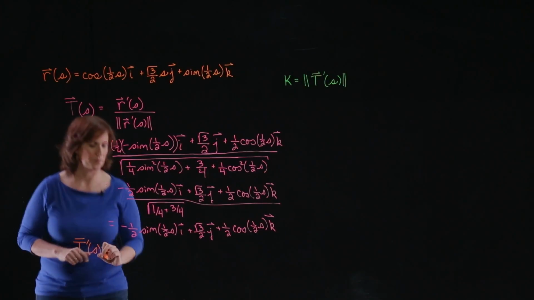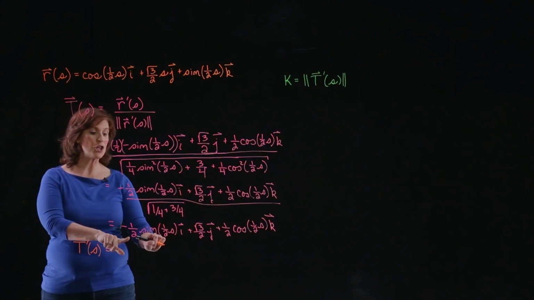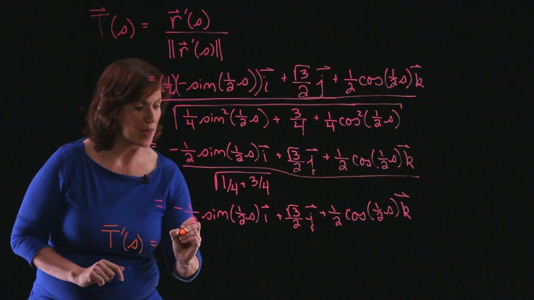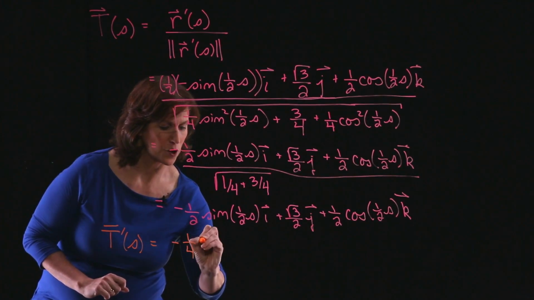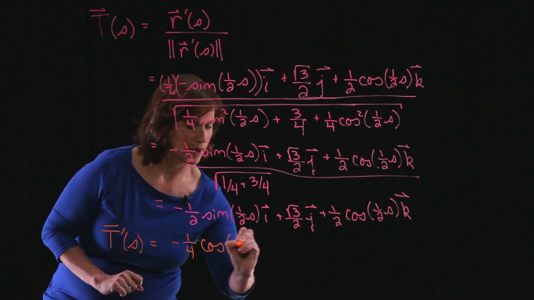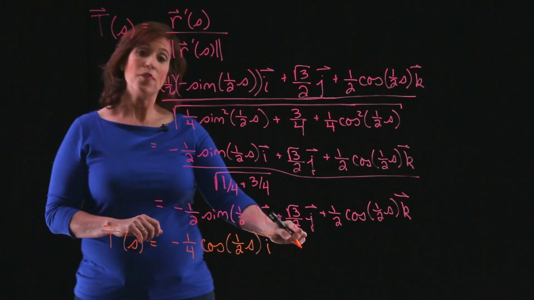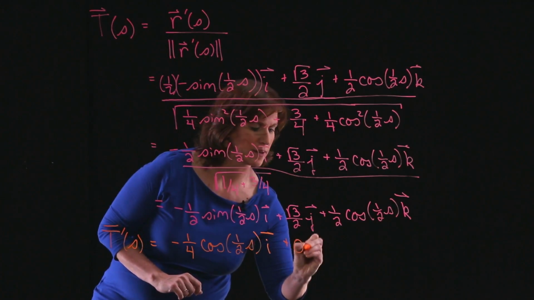The derivative is going to be a minus 1/2 times the cosine of 1/2 s times 1/2. So that's going to leave me with a negative 1/4 cosine of 1/2 s times my vector i. The derivative of square root of 3 over 2 j, that's just 0 j.